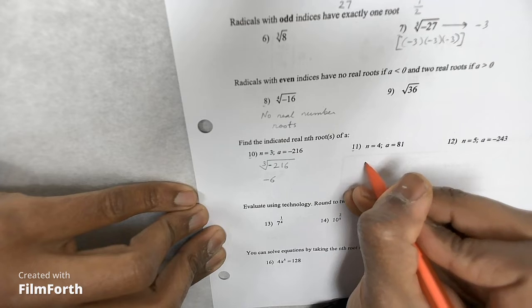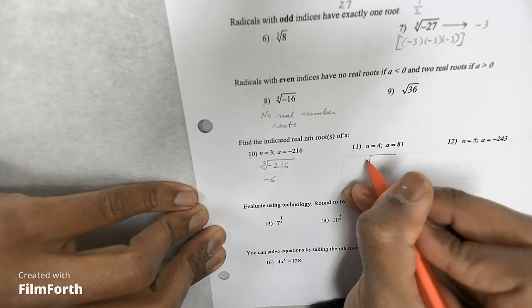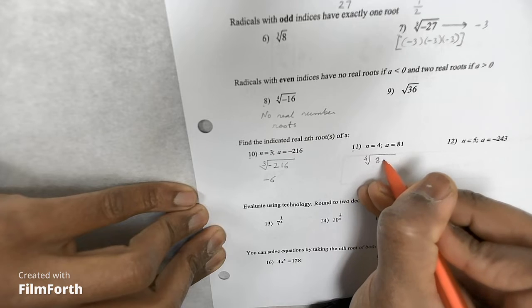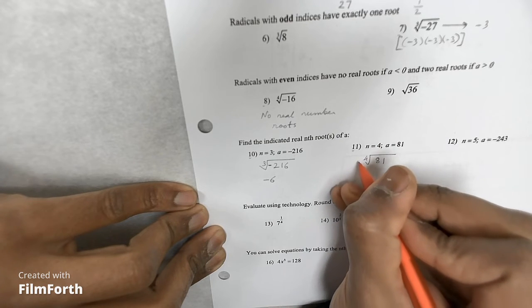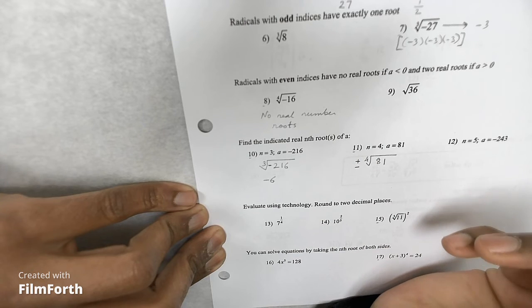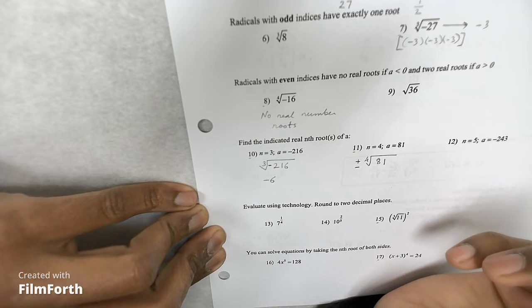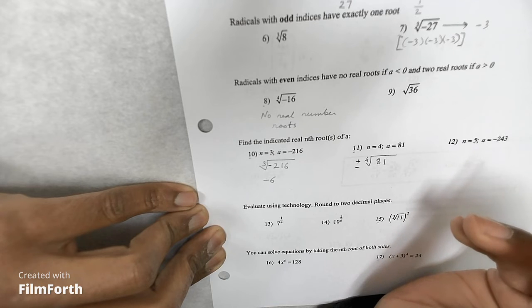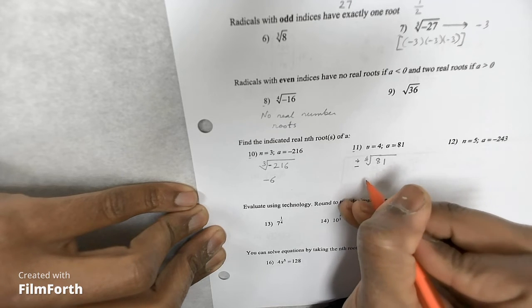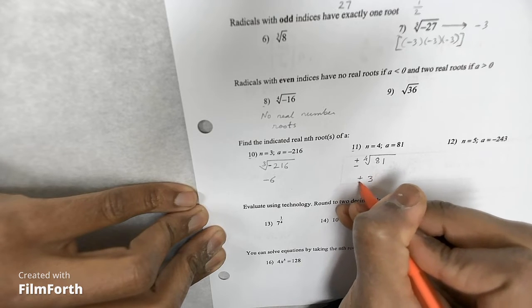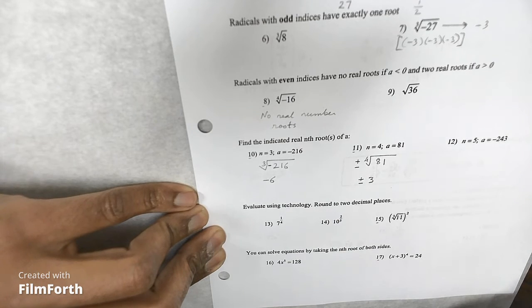So here the question is what number multiplied by itself 4 times gives 81. But notice I'm going to put a plus or minus. Why? Because I could have a positive number and a negative number that multiplied by itself 4 times give me 81. I can have a positive 3 and I can have a negative 3.